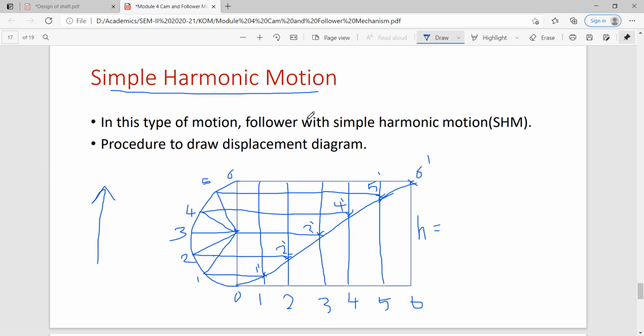So that is your construction of the displacement diagram in case of simple harmonic motion.